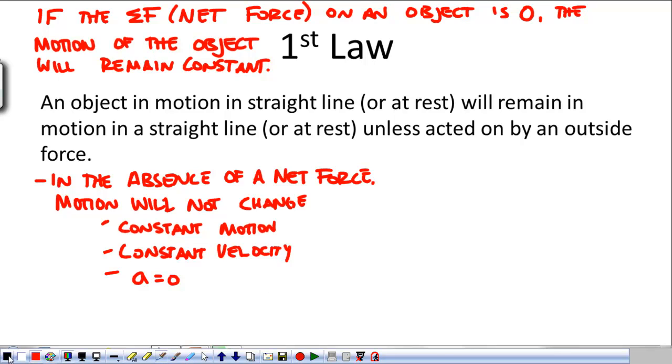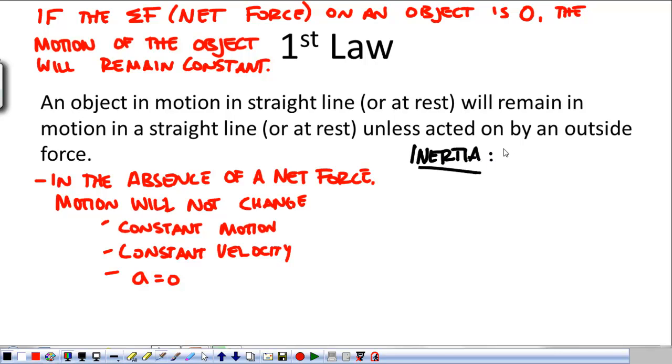Okay, so this, we'll talk about a couple examples later, but this means something very important about mass, and it's describing a very important quantity of mass, of matter, and that's inertia.